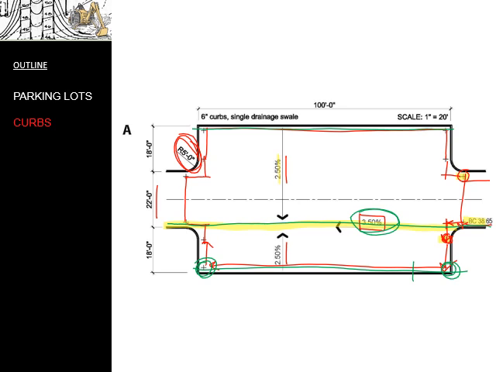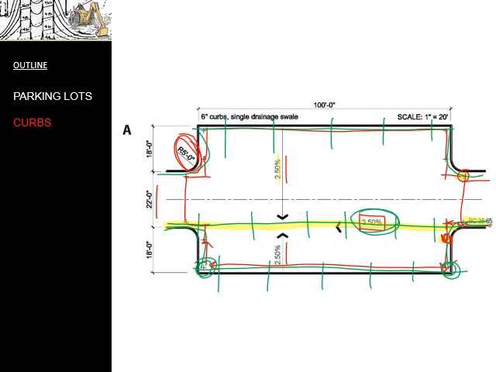You can then figure out tick marks that will tell you where those contours are going to intersect that curb. You'll be doing the exact same thing along this fold line, and you'll be doing the exact same thing on the other side of the parking lot, and you may have to include other areas along the curb as well.